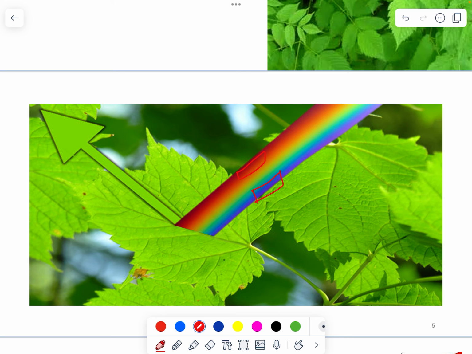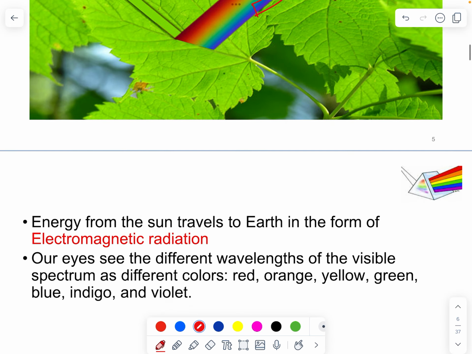And so what they don't absorb is what is reflected, and that is what we see. So out of the electromagnetic spectrum, the visible light part, what plants don't absorb for energy is what we see. And so we see the green.